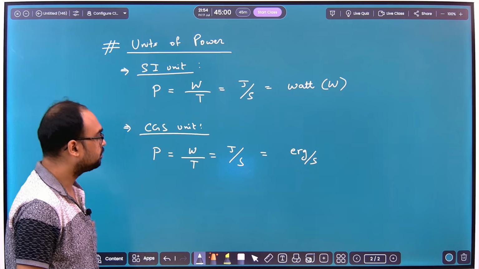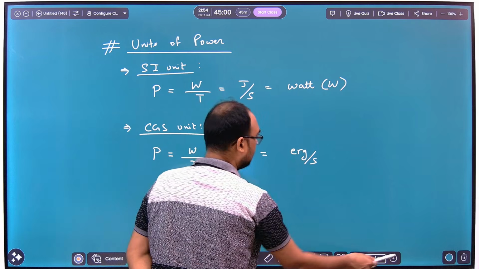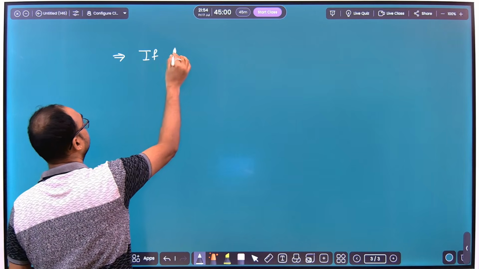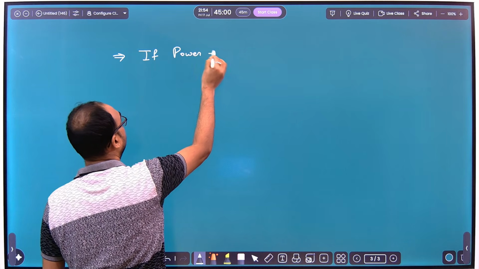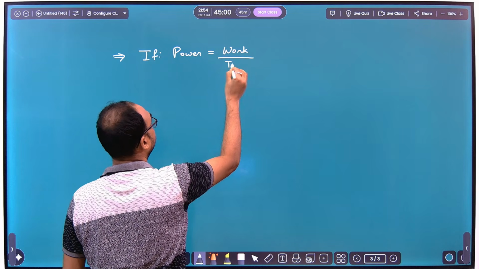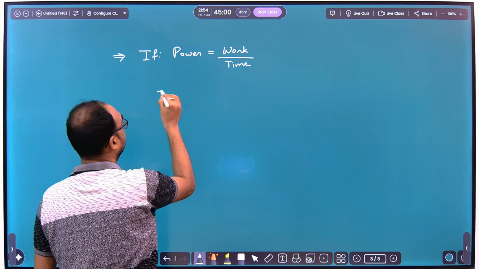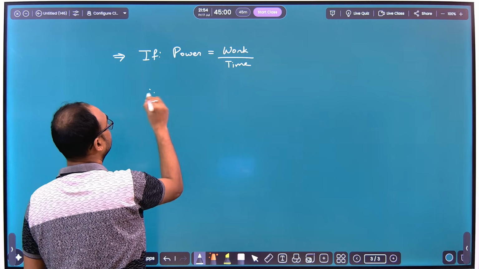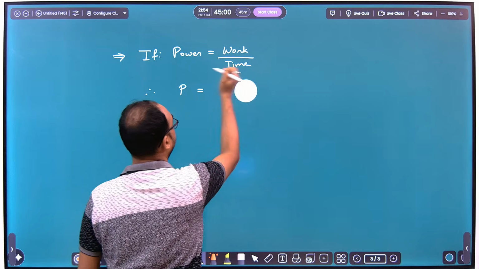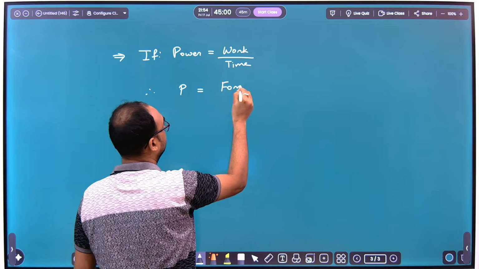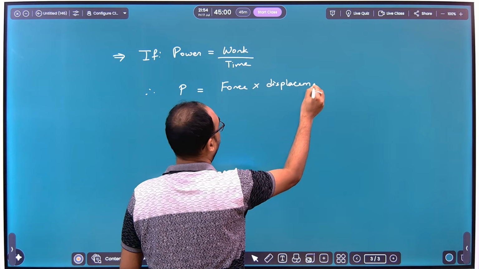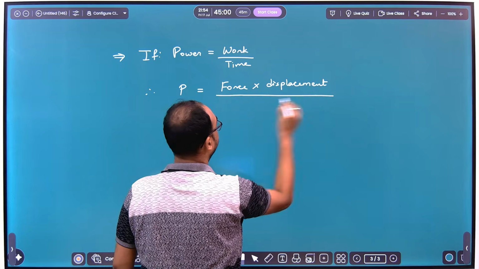So now, if power is equal to work by time, and we know that work equals force into displacement, by time.